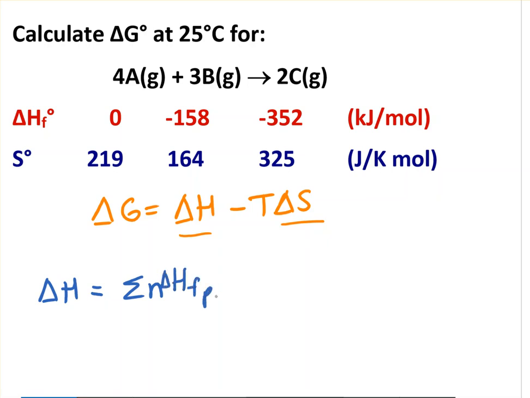There's a delta there. Remember that these n's are from the coefficients. And they're in moles, and we'll keep track of the units that way.